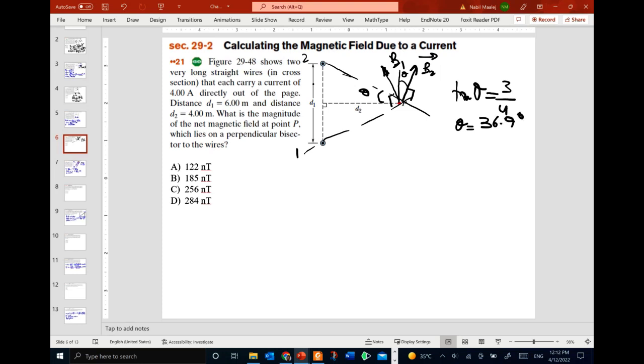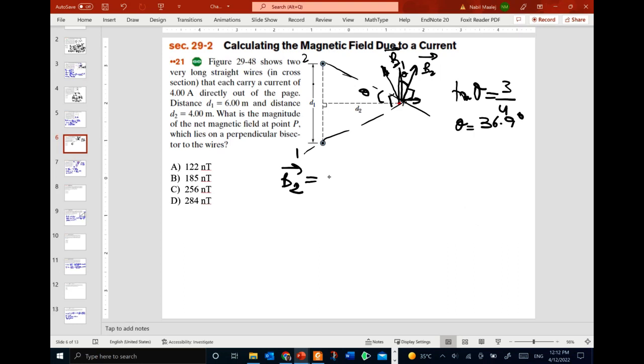All right, so I have already drawn the two vectors. I can determine B1. Okay, let me start with B2, which is simpler. You can see B2 has a positive component in the x direction and a positive component in the y direction, and this is the angle theta. So you have to be careful.